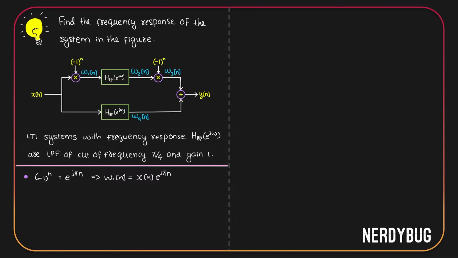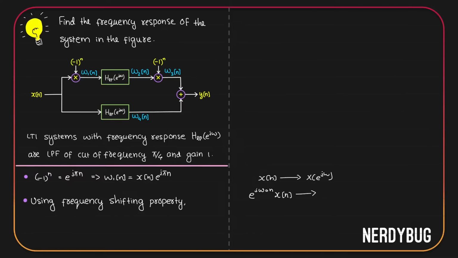To find the Fourier transform of w1 of n, let us use the frequency shifting property. We know if the Fourier transform of x of n is x of e raised to j omega, then the Fourier transform of e raised to j omega naught n multiplied by x of n will be x of e raised to j omega minus omega naught.